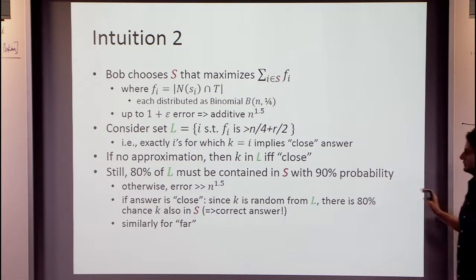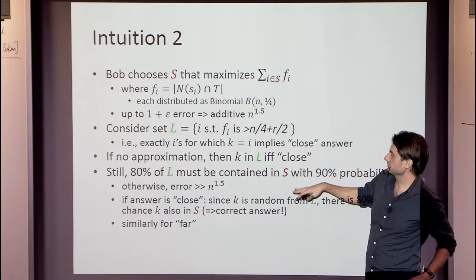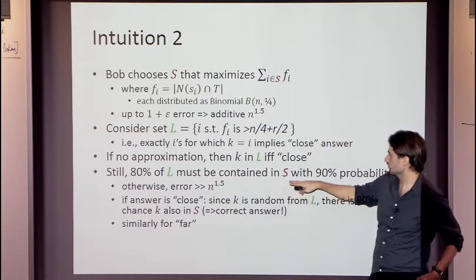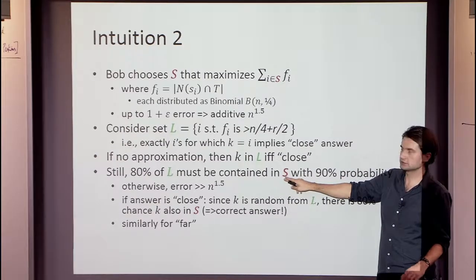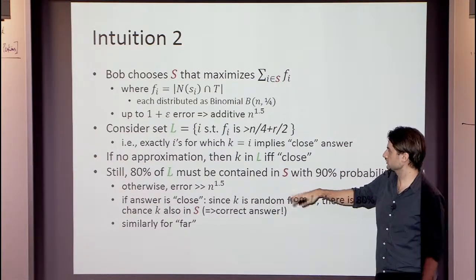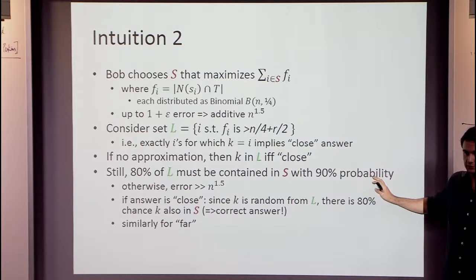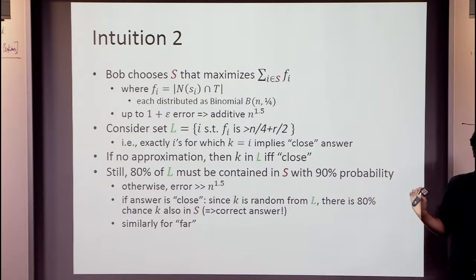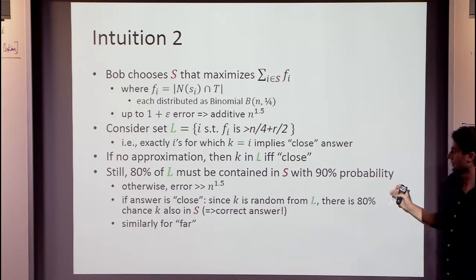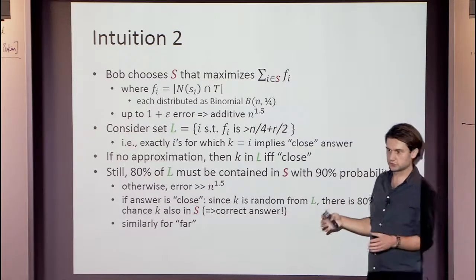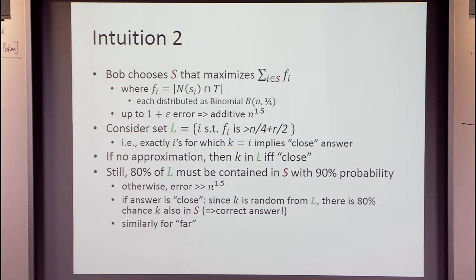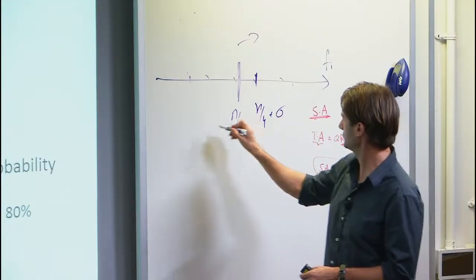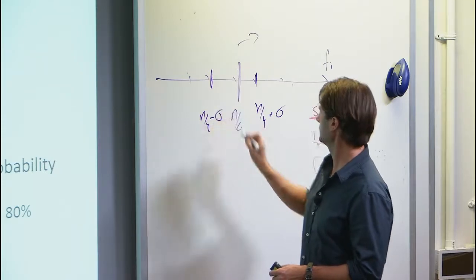But still, with approximation, it has to be the case that 80 percent, let's say, of L must be contained in the set S. L is in some sense the ideal set, and S is what we get by approximation. So 80 percent of L must be contained in S with, say, 90 percent probability, because otherwise the approximation is too large. Otherwise a constant fraction of L, which is roughly linear in n, has to cross from n by 4 plus standard deviation to n by 4 minus standard deviation.